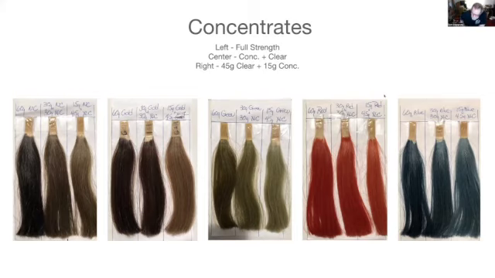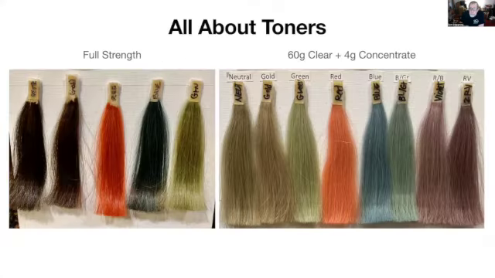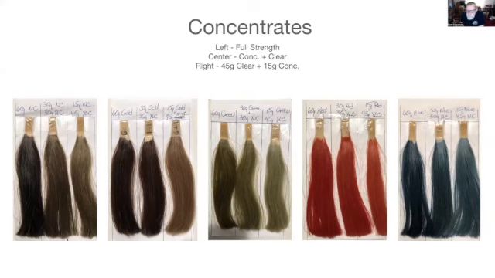Now, let me back up one and show you what they look like. Remember, this is with 4 grams of concentrate. Here's full strength, which you just saw on the other page. And here it is diluted, and here, once again, diluted.